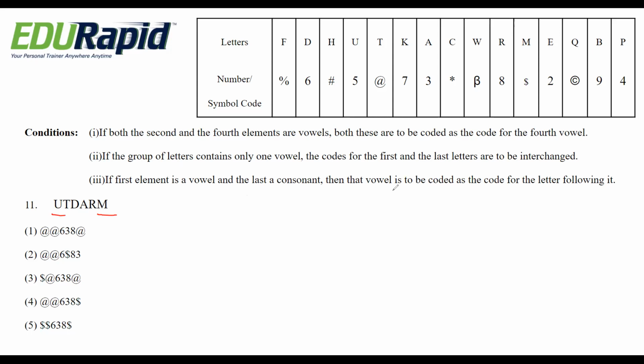For that they are telling, the vowel is to be coded as the code for the letter following it. For U, it is coded as the code for the letter following it. That means the letter next following it is T. For T, from the table it is coded as at. So for U also it becomes at.